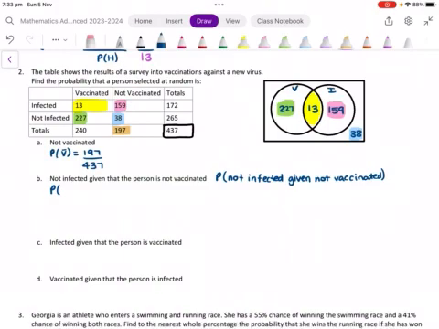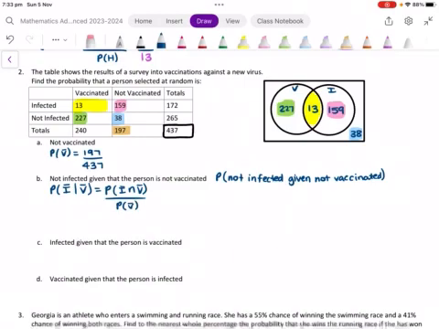So not infected, we can do an I with a line, given not vaccinated, V with a line. Okay, so we have that this is the probability that they are not infected and not vaccinated over the probability that they're not vaccinated.